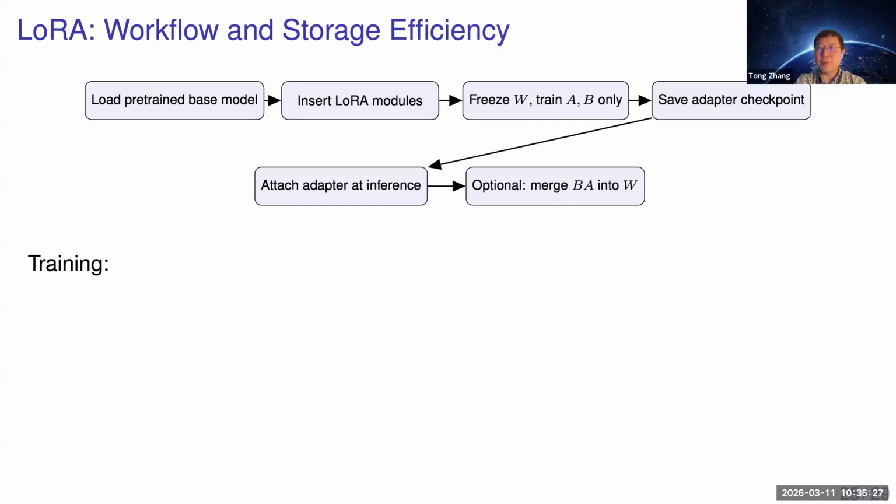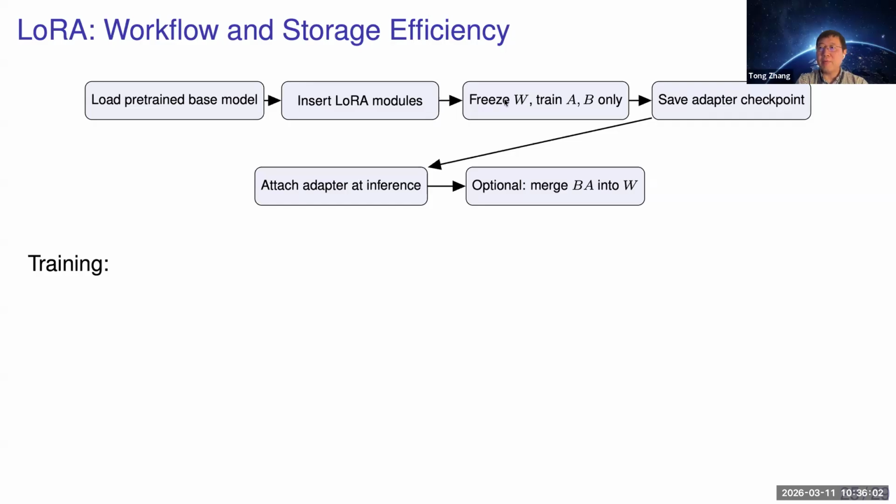Here is one thing which I also mentioned. In training, we know you freeze W and train A and B only for the LoRA. A nice thing about LoRA, which is used in quite a bit of work in LLMs, diffusion models and other things, is that when you do the adaptation, assuming you already have the base model, you can save adapter checkpoints only. The adapter is a much smaller model.